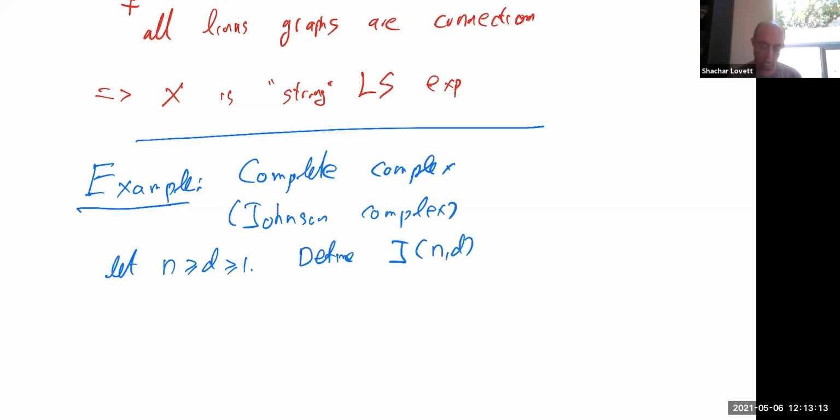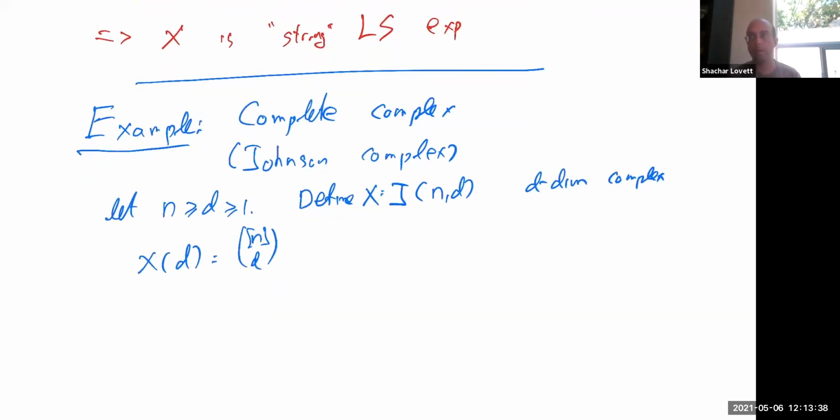This is going to be a d-dimensional complex, let's call this X, where X(d) is just all possible sets. Right, so you have all sets of size d, and also, of course, going down. For every k at most d, you have all sets of size k. And remember, we talked that complexes should always be weighted.